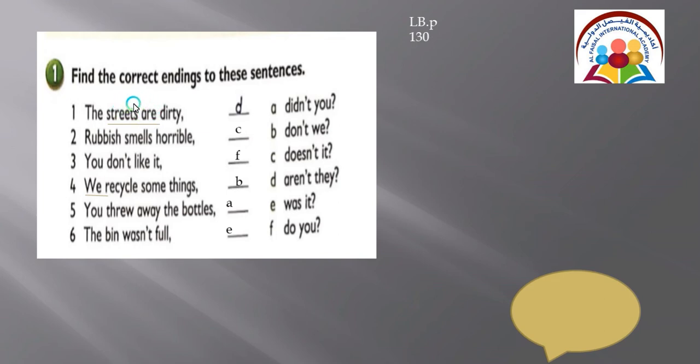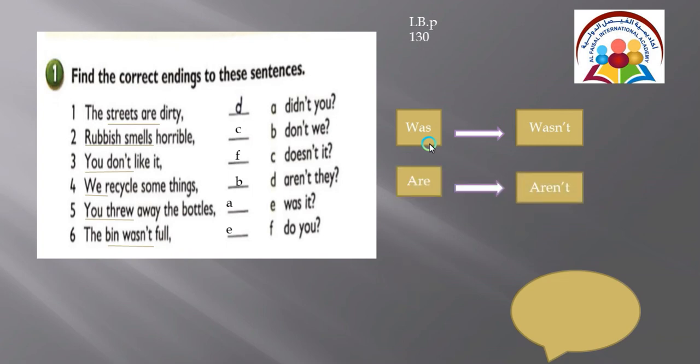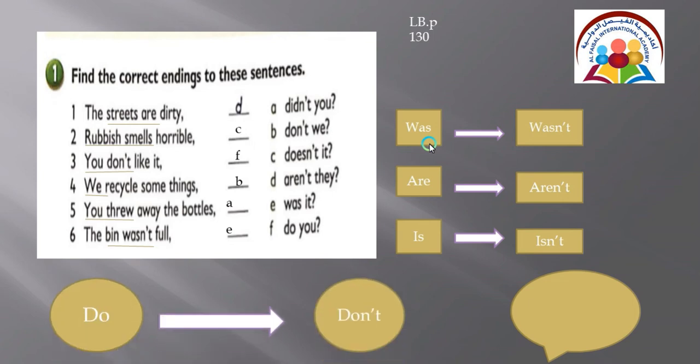We have streets, and streets is plural, that's why we say aren't they. And same to the other sentences. We have was, wasn't, are, aren't, is, isn't, do, don't.